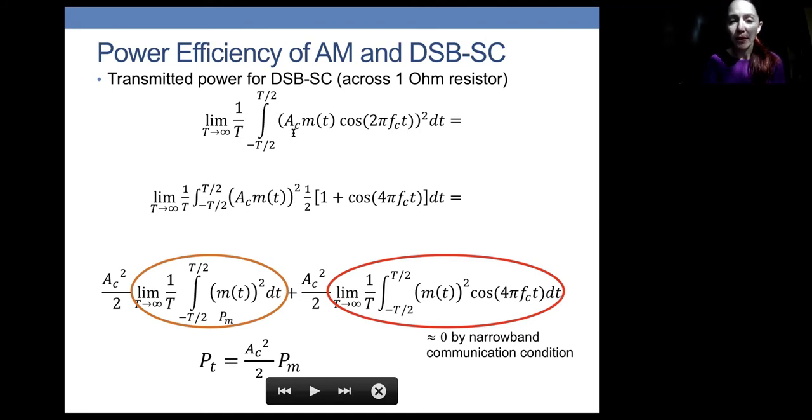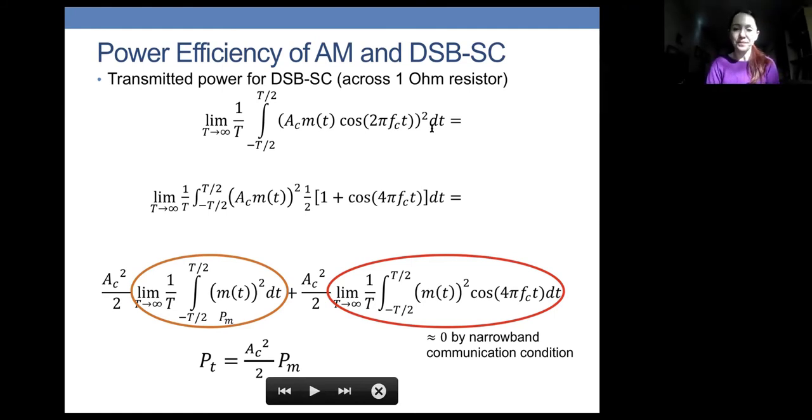So this is our message. Think of it as the voltage across the resistor. And it's just a resistive power, so you would just square it, V squared over R, right? R is 1. So square the voltage, you get the power. Now integrate it in time and divide by the length of the time window. Take the time window duration to infinity, that gives you average power.